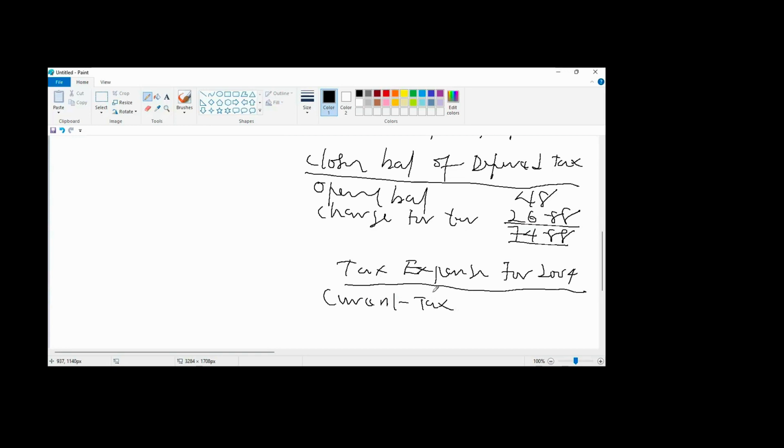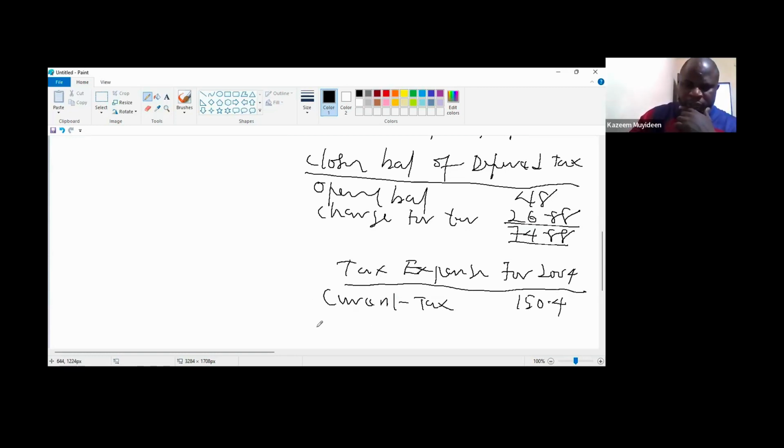Is it 150.4 or 150 million? Yes, sir, 150.4. And the deferred tax charge is 26.88.